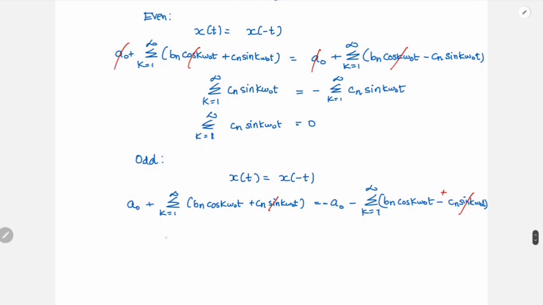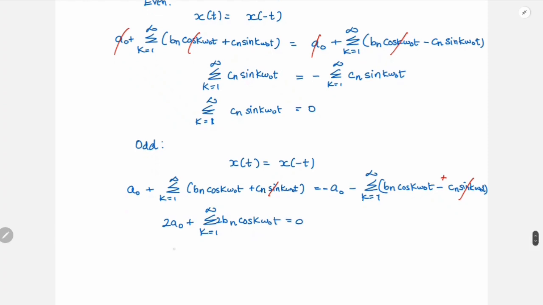And if we bring the a naught to the other side, we have 2 a naught plus summation k equal to 1 to infinity 2 bn cos k omega naught t equal to 0. And if we divide by 2, we have bn cos k omega naught t equal to 0. So the cosine terms have vanished.